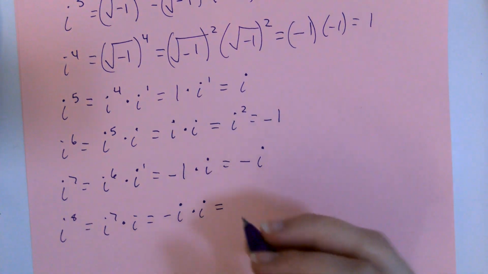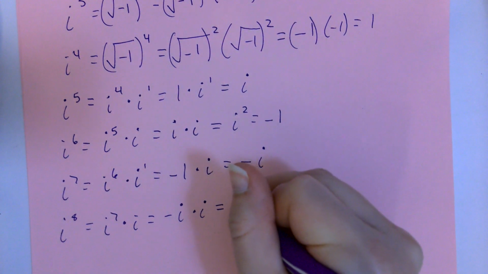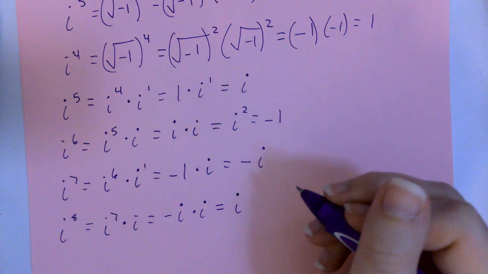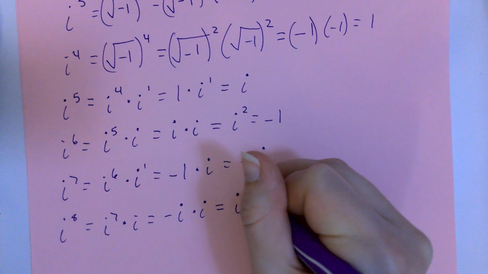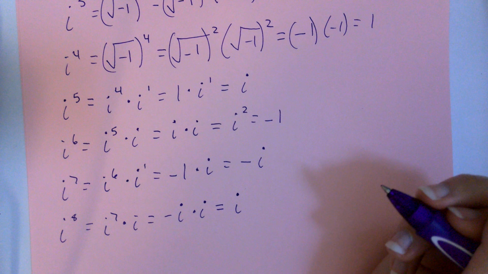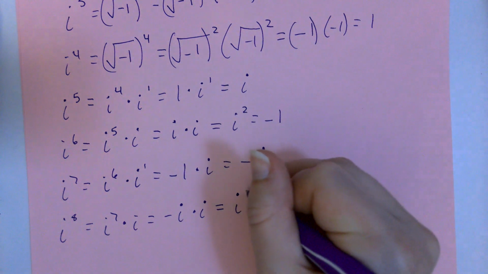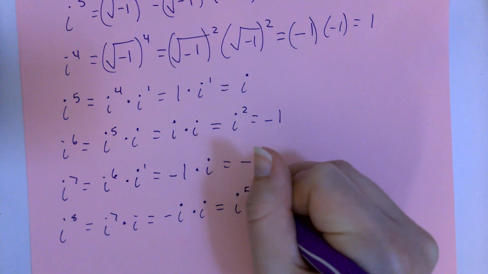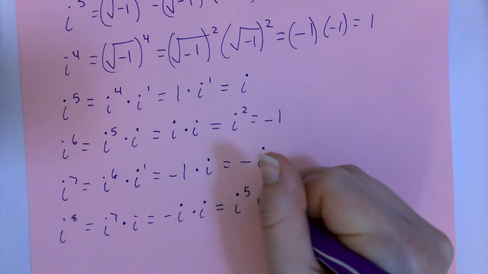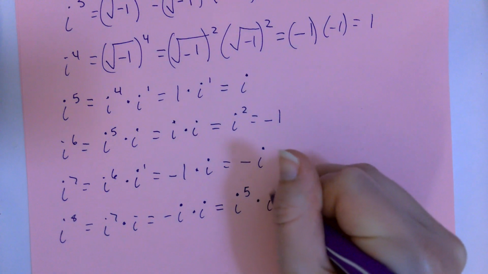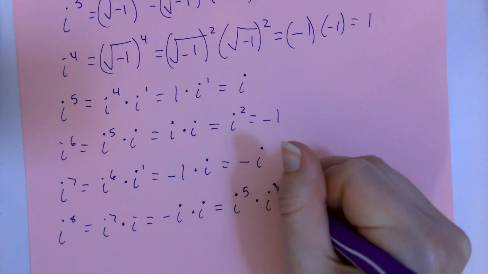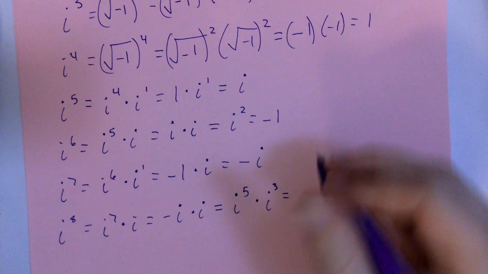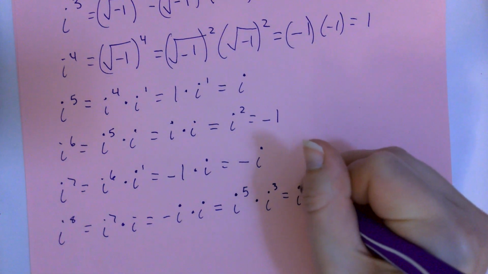It's kind of easier if you think about it as i to the fifth times i to the third, which I guess is still i times -i.